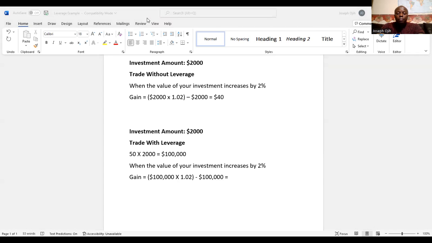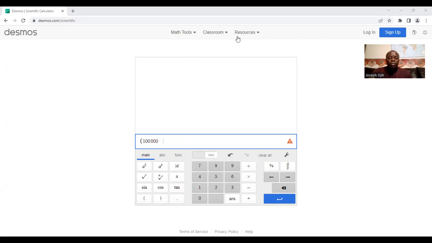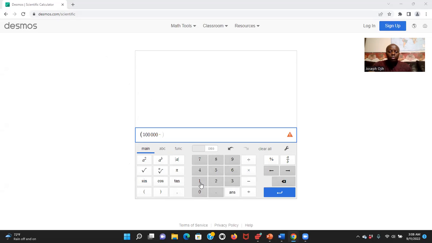So you have 100,000 times 1.02, that's to show the increment, minus 100,000, your invested capital. So you made $2,000.